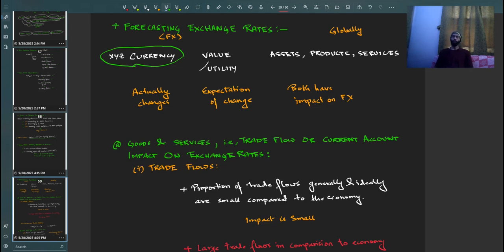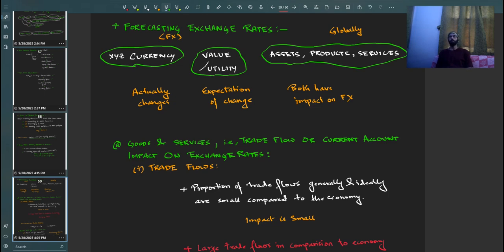And globally, certain amounts of assets, products and services are being purchased by this currency. And basically, when investors or consumers are buying assets, products or services, what they are buying is value or utility, right?